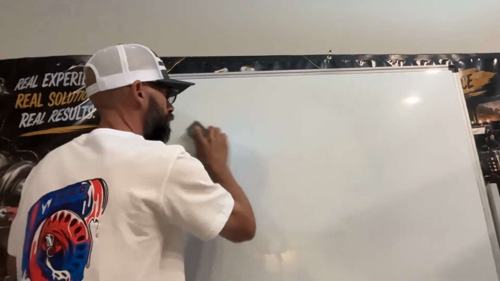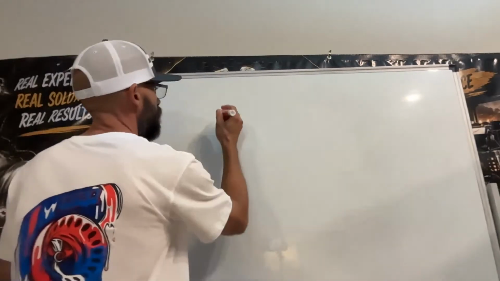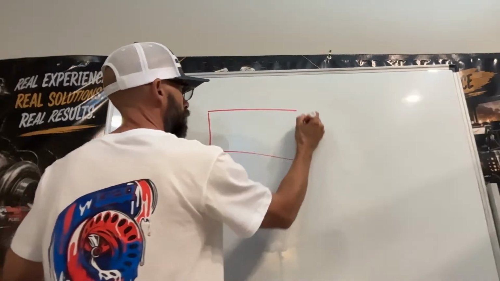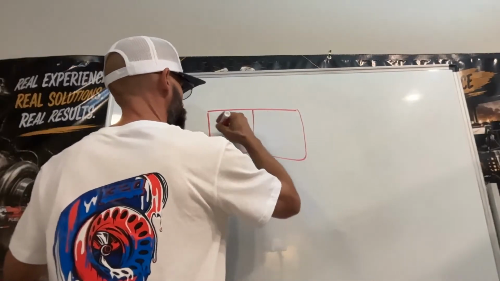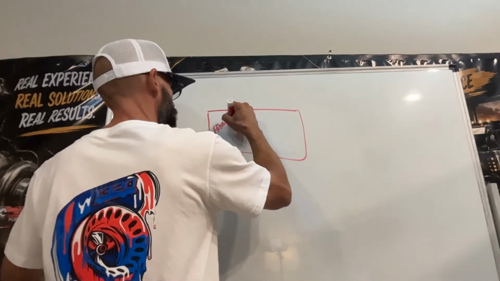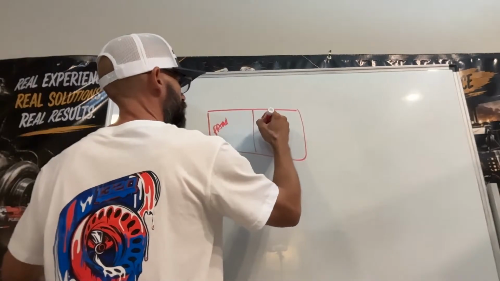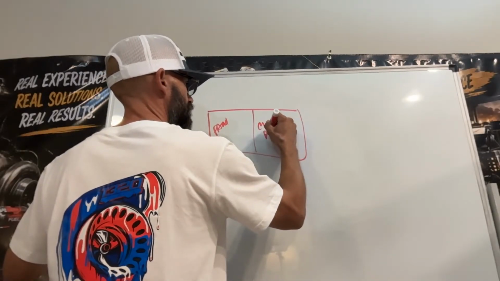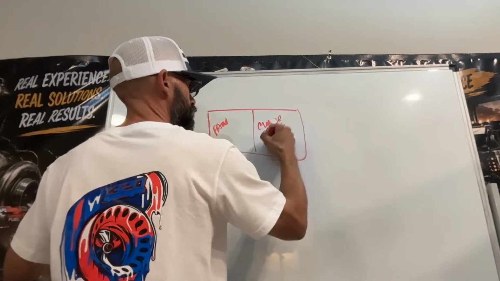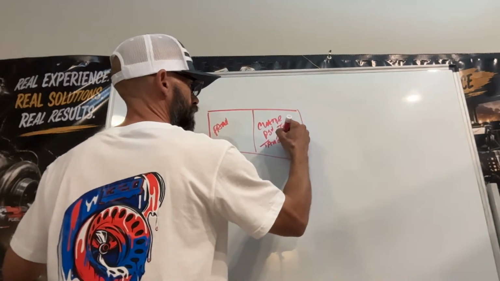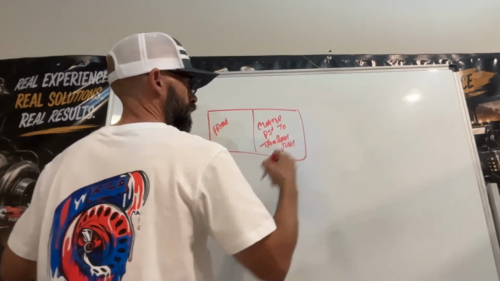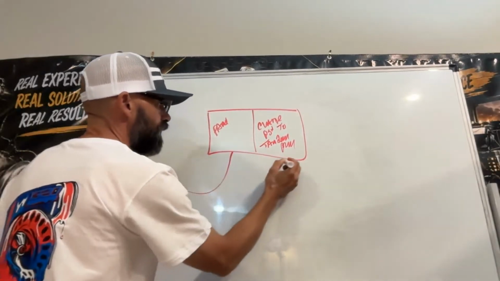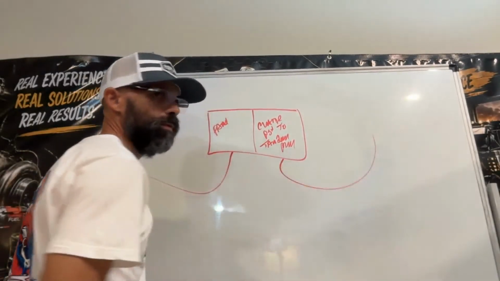Let's say this is the pump, the double gear pump. So fan, and then charge PSI to tandem pump. Then you have a line that goes here to the fan, then another that goes to your tandem pump.